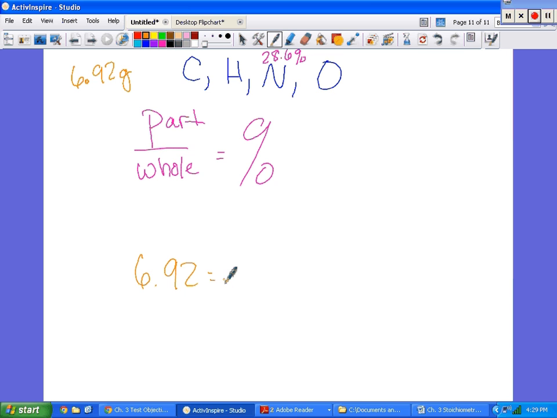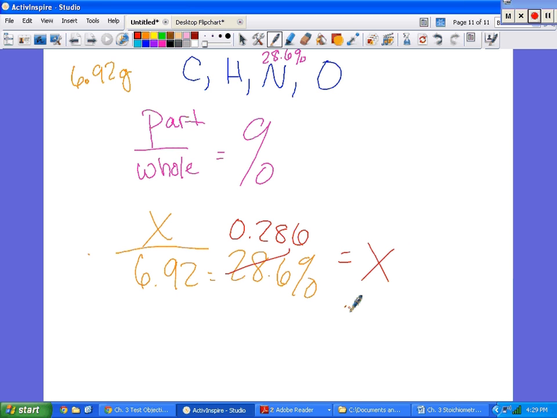What am I searching for? I'm searching for nitrogen. Isn't it the part? How do you do this mathematically? You multiply. Be very careful. Can I multiply these numbers exactly as is? This is a percentage, right? What would you do with that? Change it to what? Somebody tell me how much mass of the 6.92 would be nitrogen? 1.979.